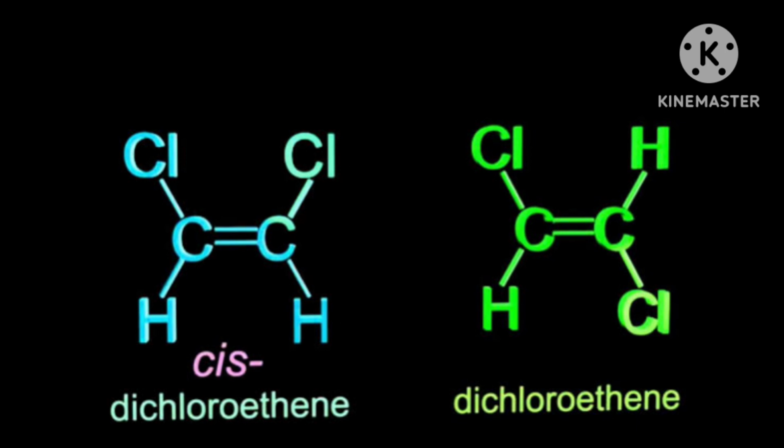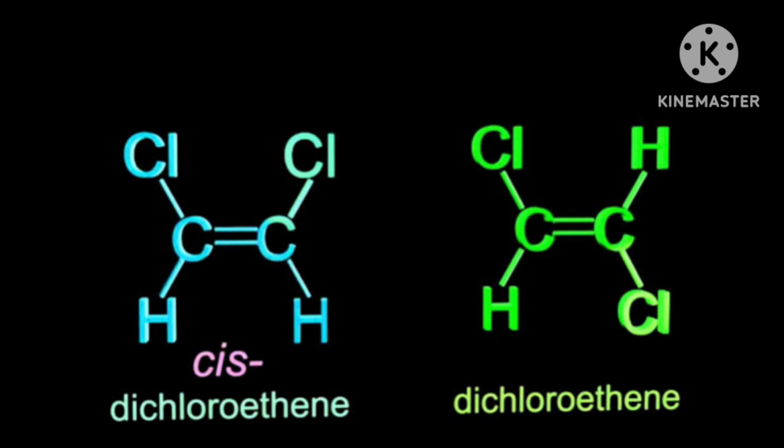The first and second are position isomers, because in a straight chain only the position of the carbon is changing. And first and third, and second and third, are chain isomers, since first is straight and third is branched, and again second is straight and third is branched.